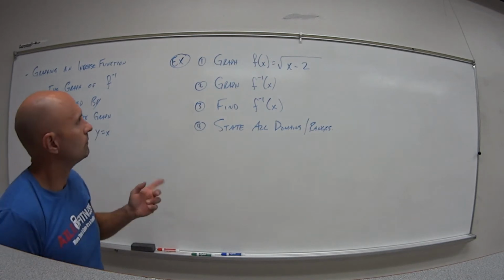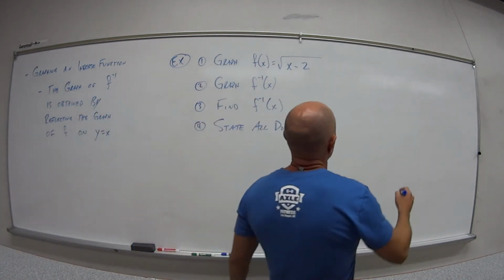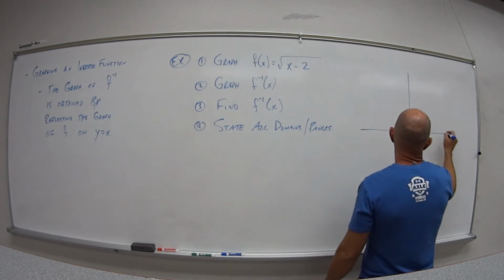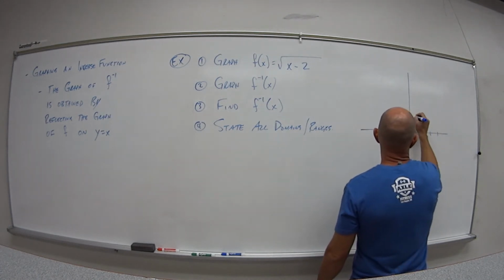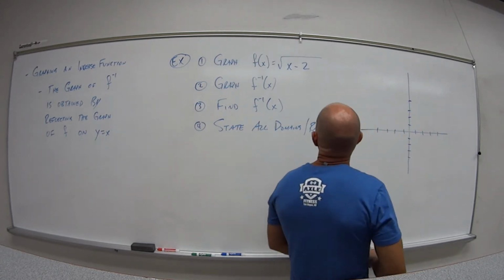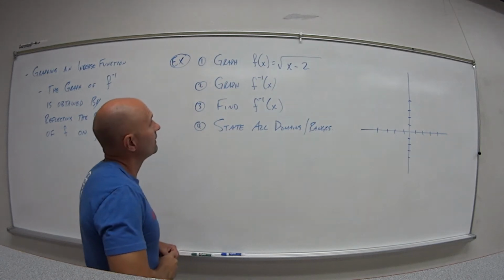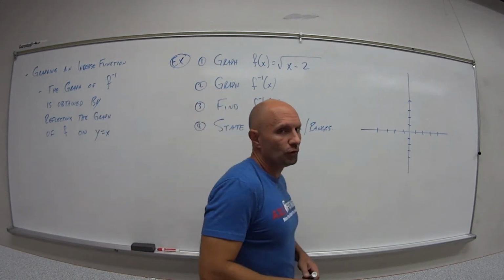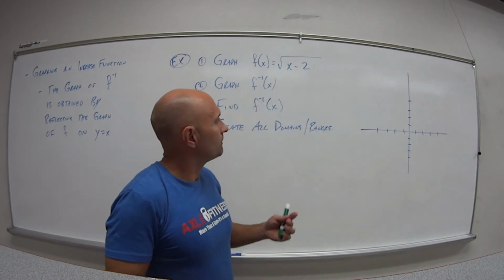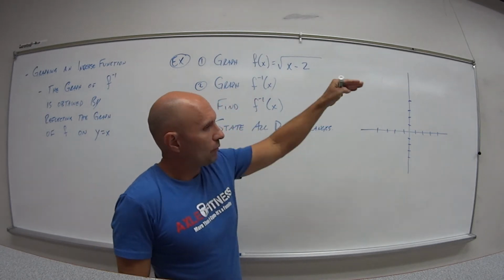So number one, I want to graph the square root of x minus 2. Using our transformation of graphs that we learned earlier, we know the square root graph is what?